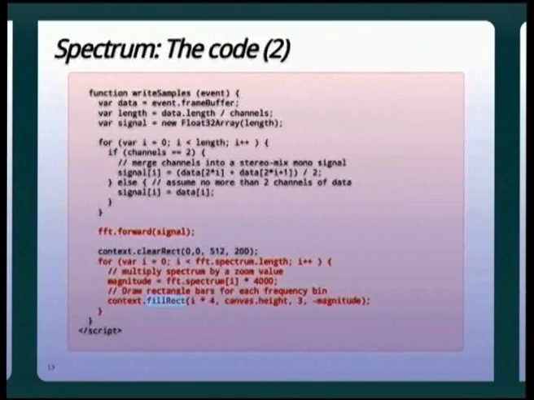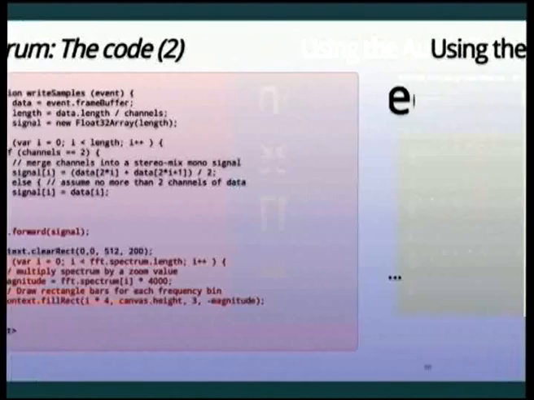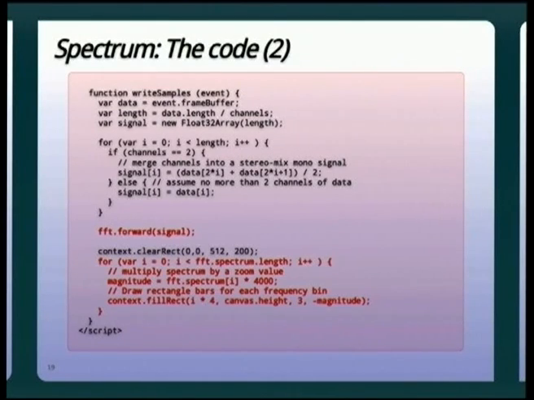This time we paint into the canvas little rectangles of size 4 pixels, with the height of the canvas, and from there just the magnitude of the spectrum. So this is how to do a little Fourier spectral display. It's not that hard. So from there on, you can do everything else.